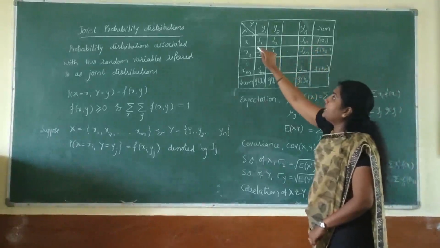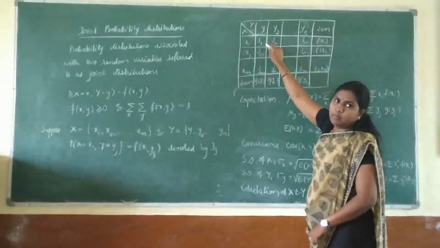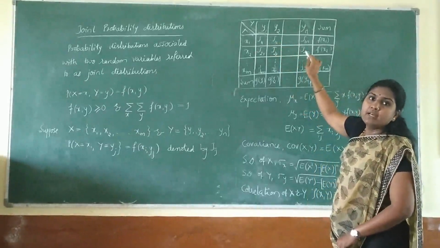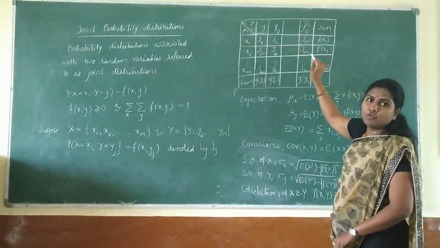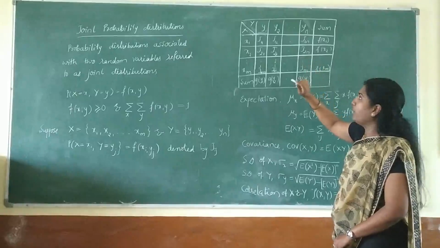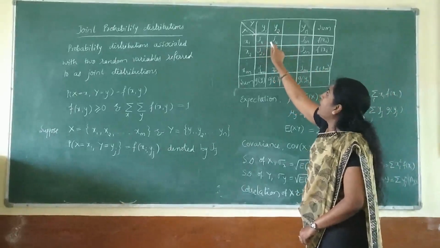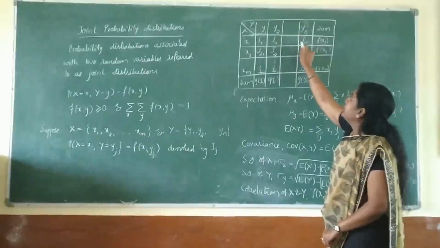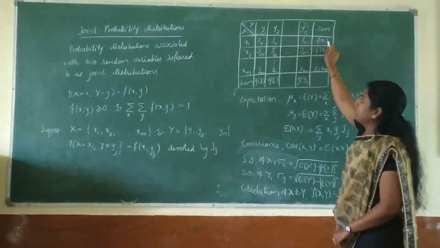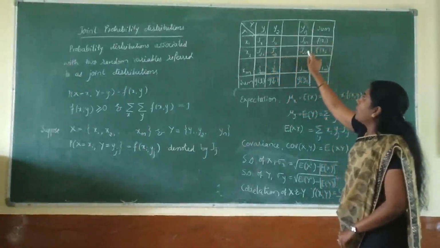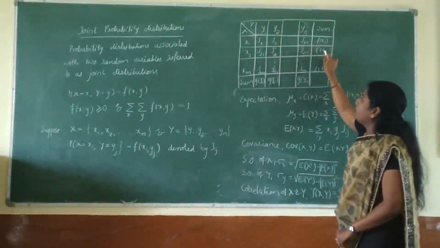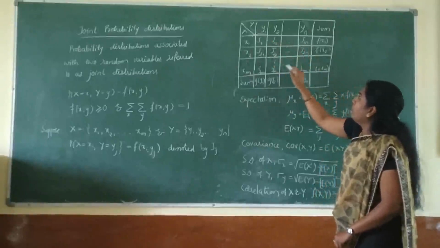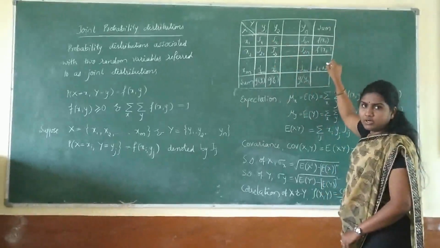Okay. To get the marginal, this is called partial distribution, nothing but a separate table for x. To get a separate distribution table for x we need to add the columns. The sum of the first column gives f of x1, the second column f of x2, and so on up to f of xm. These we get for the x table.